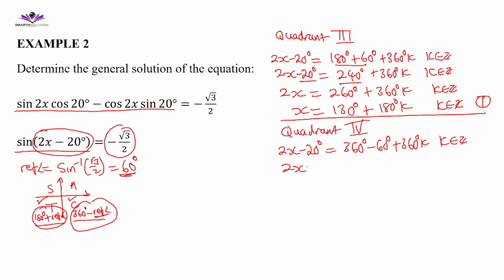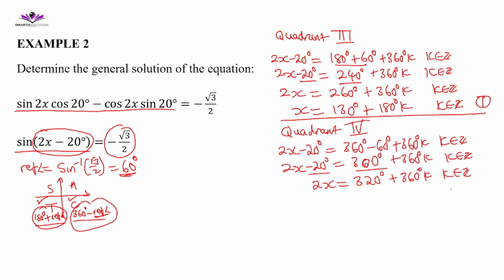So 2x minus 20 degrees is equal to 300 degrees plus 360 degrees times k, where k is an integer. Then we can add 20 degrees on both sides of the equation: 2x is equal to 320 degrees plus 360 degrees times k, where k is an integer.